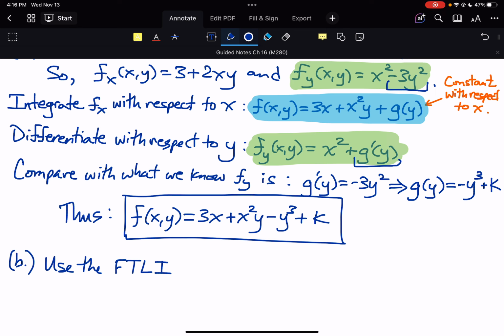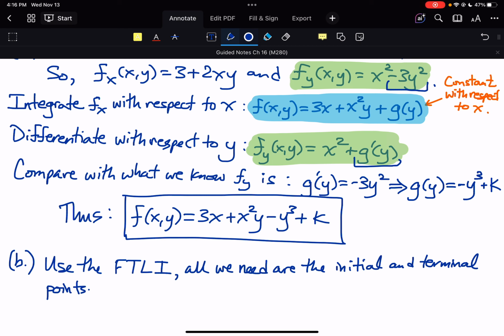We can just abbreviate it that way. All we need are the initial and terminal points of C, since our vector field is conservative.